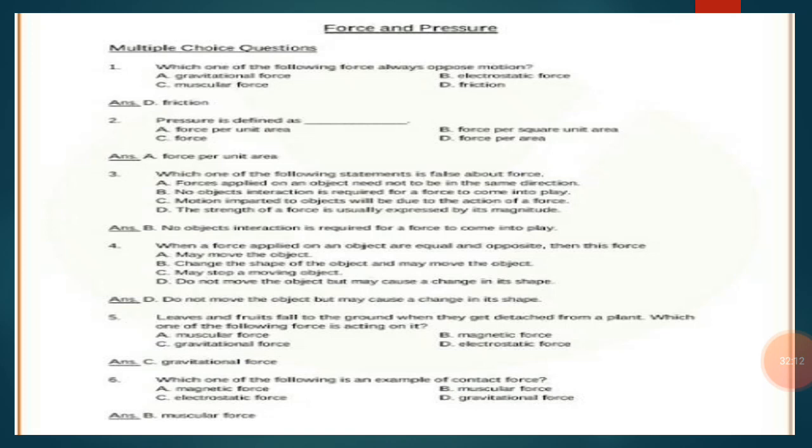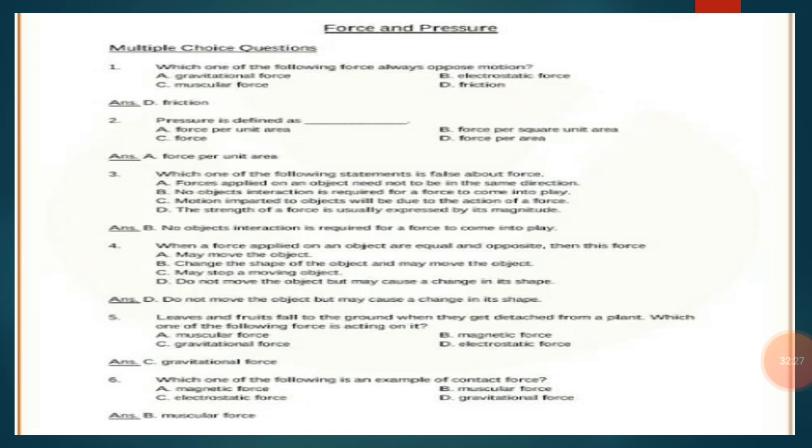Now the third question is: which one of the following statements is false about force? The answer is that no object interaction is required for the force to come into play. Interaction is a necessary condition for the force to come into play.